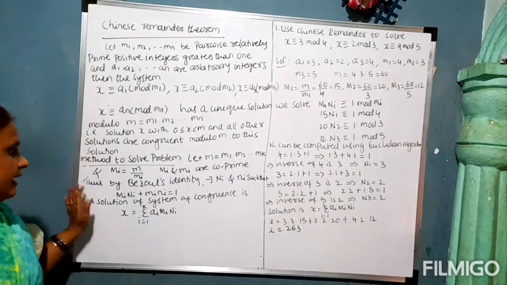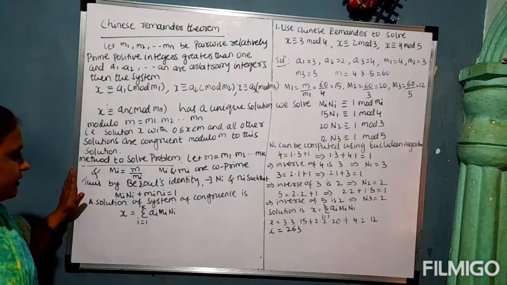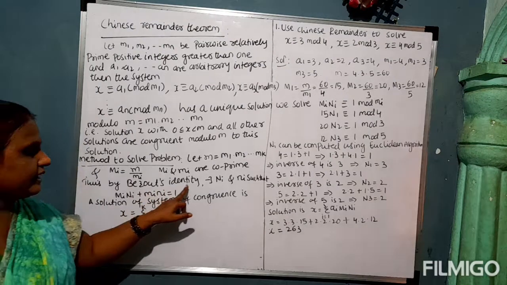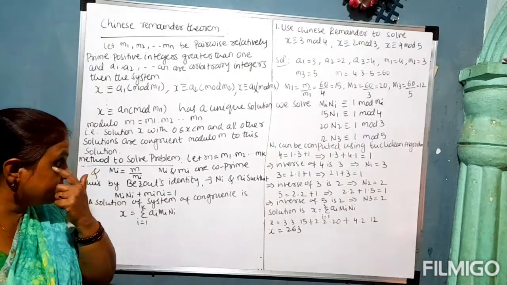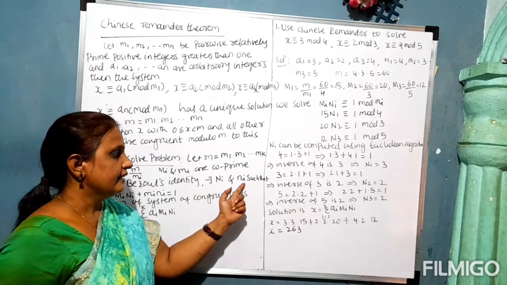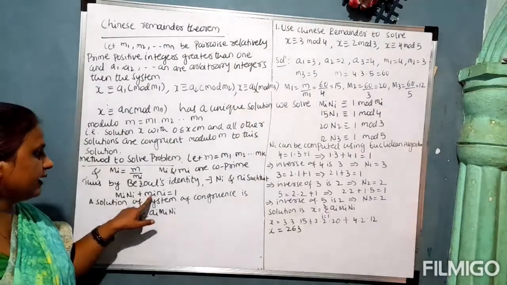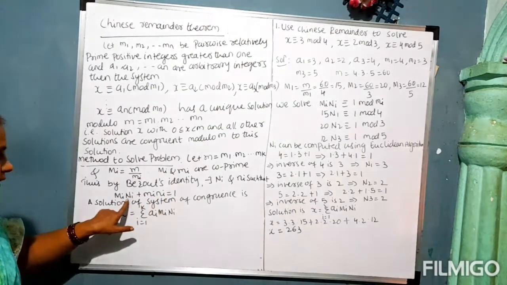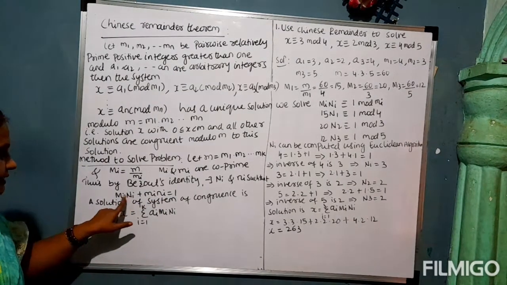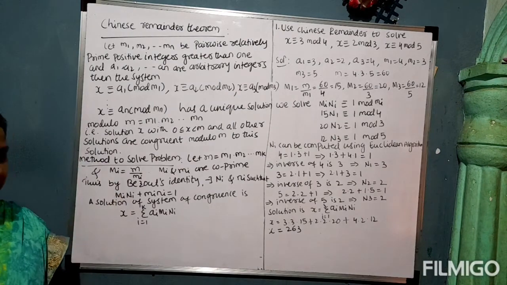Small mi is not there, that's why capital Mi and small mi are always co-prime, because the common term is already divided out. Now to find the solution, we use Bezout's identity: there exist small ni and capital Ni such that Mi Ni plus mi ni equals 1. It means capital Ni is the inverse of Mi modulo mi.